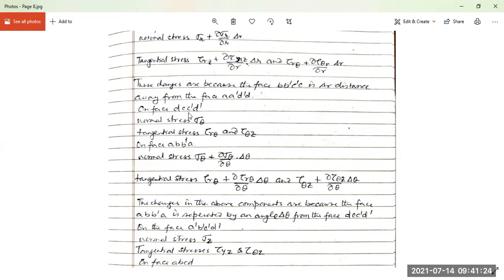Now d c d dash c dash d dash, which is next phase is b. B dash c dash b dash a dash d dash on the phase.